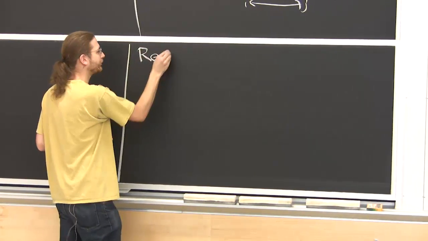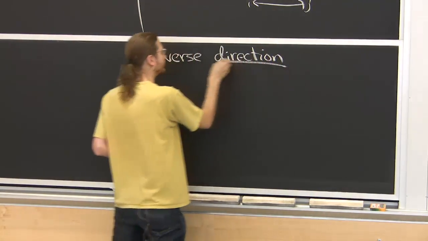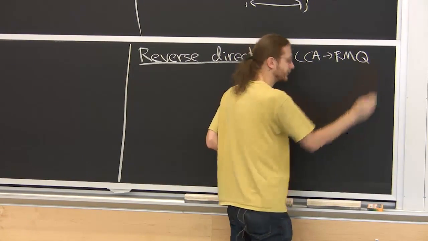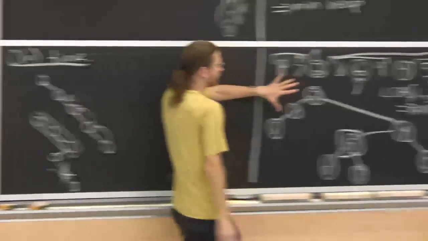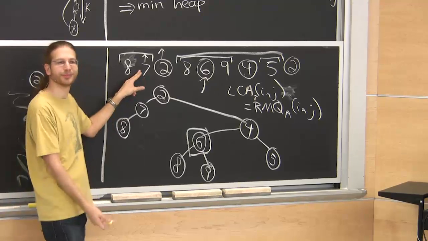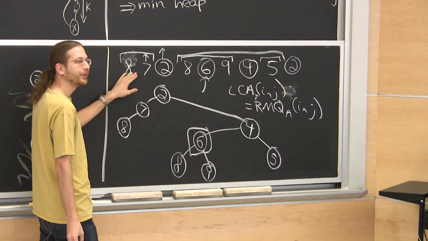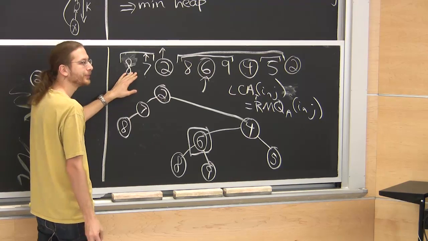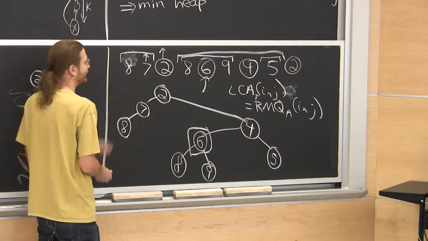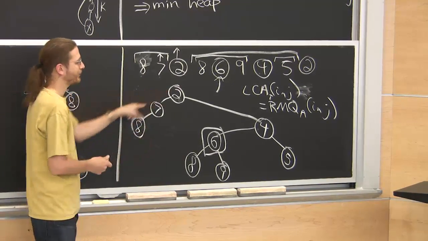So let me tell you about the reverse direction. If you want to reduce LCA to RMQ, that also works. And you can kind of see it in this picture. If I gave you this tree, how would you reconstruct this array? Pop quiz. How do I go from here to here? In order traversal. Yep. Just do an in order traversal, write those guys down. Pretty easy. Now, not so easy because in the LCA problem, I don't have numbers in the nodes.